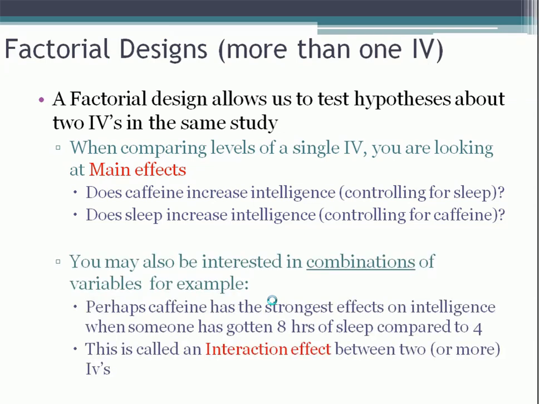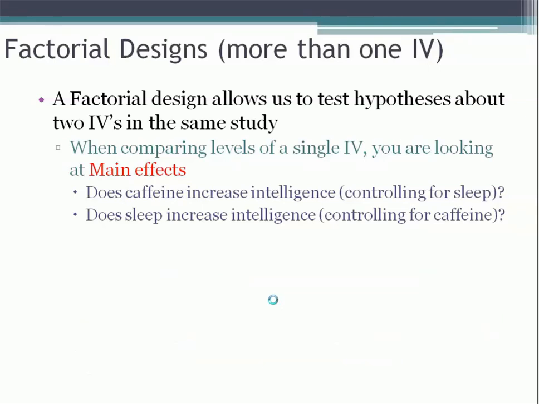But what's also neat is we may also be interested in combinations of variables, right? So perhaps caffeine has the strongest effects on intelligence when someone has 8 hours of sleep compared to 4. And when we look at this, now we're looking at an interaction effect. And an interaction effect is when we make a prediction or we're concerned with one of those particular categories, right?